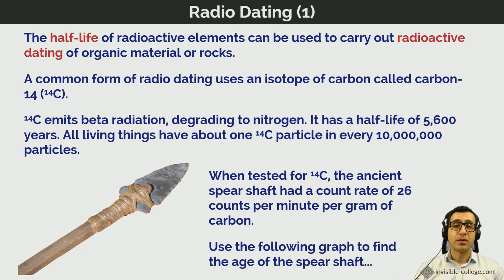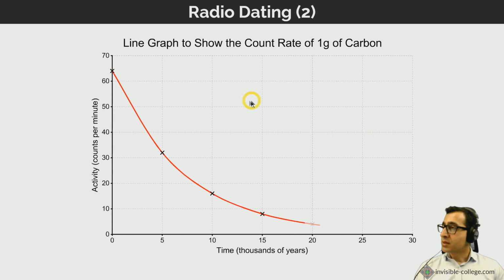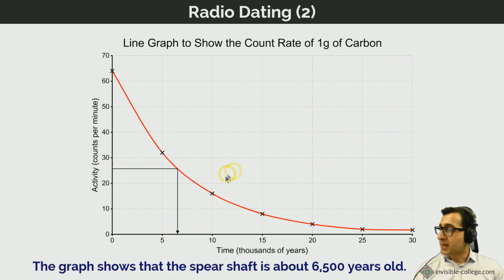So let's take a look at how this is done. We can see here that the count rate that was detected corresponds to an age of that spear shaft of about 6,500 years old.